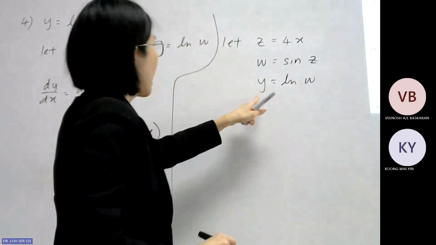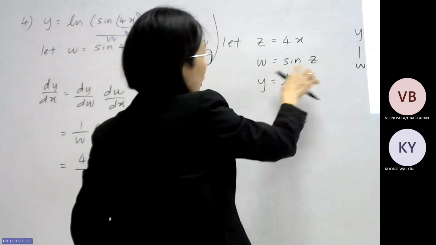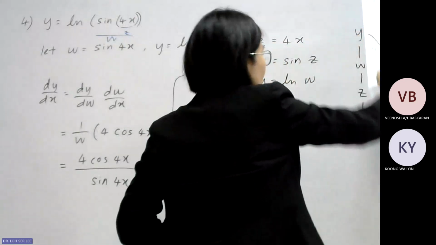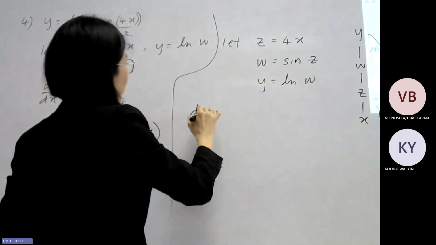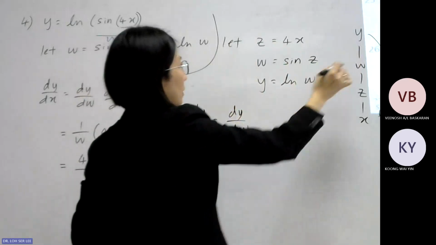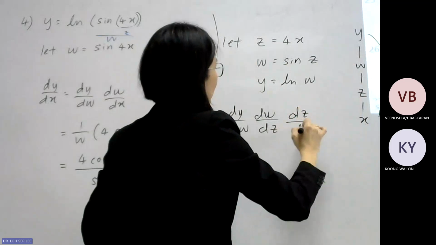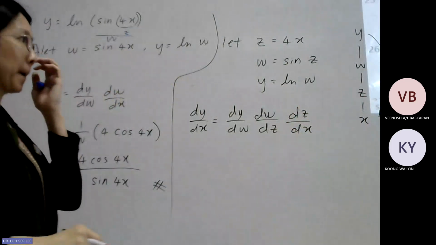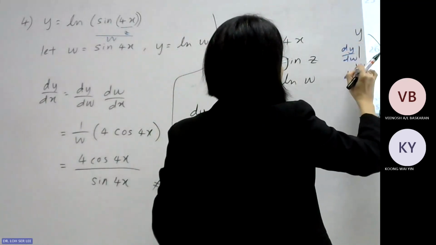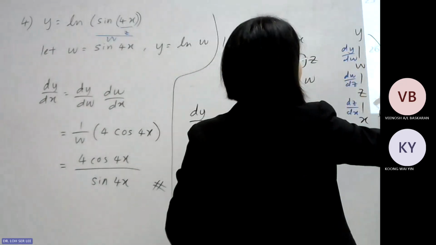So we have y, y we have W. W we have Z. Z we have X. So to get this dy/dx, it will be dy/dw, dw/dz, and dz/dx. This is dy/dx.